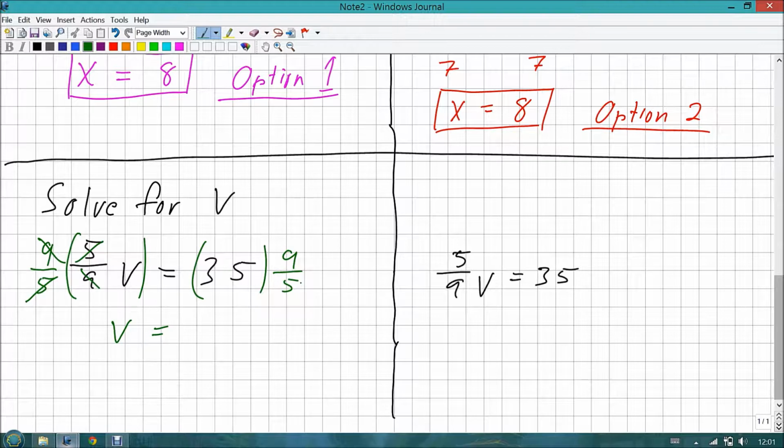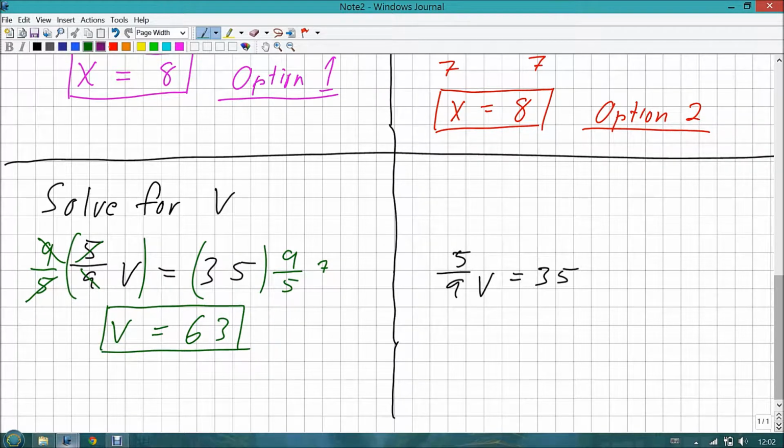And if you remember how to multiply a whole number by a fraction, divide by the bottom, multiply by the top. 35 divided by 5 is 7, so I'm going to put a little 7 over here to remind me. And then 7 times 9, using your fingers, count over 7 places. 1, 2, 3, 4, 5, 6, 7, and we get 63. So 9 times 7 would be 63. See how easy that was?